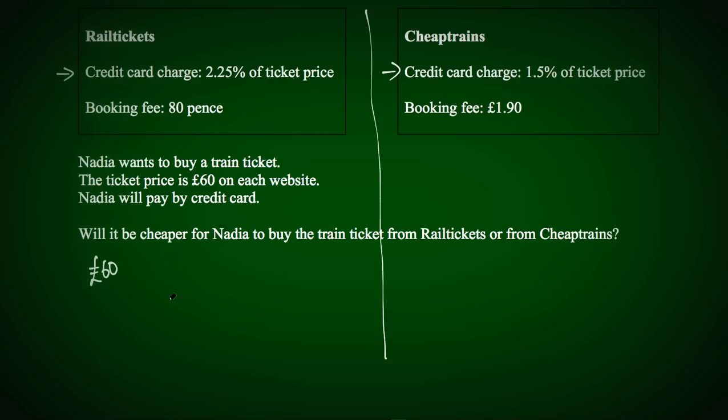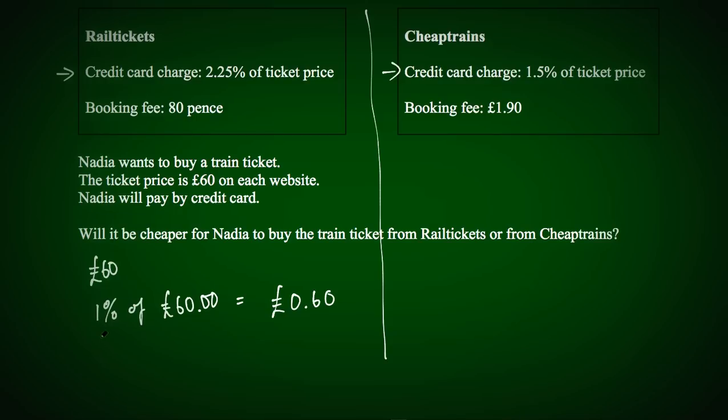If I work out 1% and then another 1% and 0.25%, that will give me 2.25%. So 1% of £60 is 60 pence, £0.60.